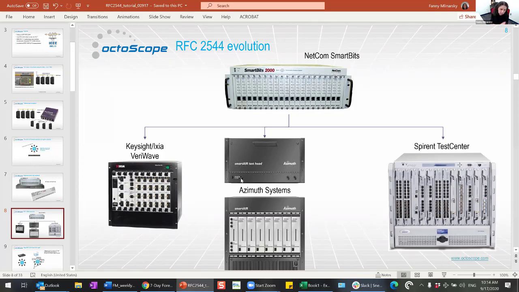And so, long story short, we worked with VeriWave in this 802.11.2 group in TGT. And some of this test methodology that was there to test switches got adopted into Wi-Fi.